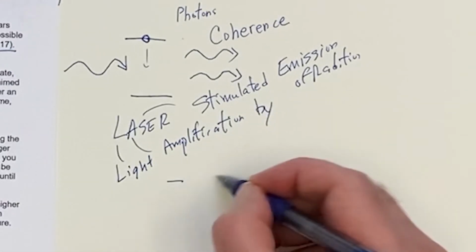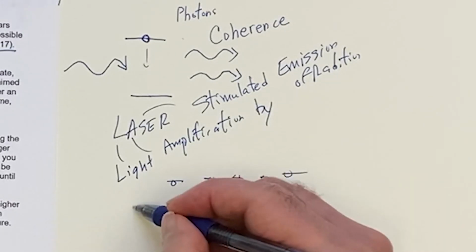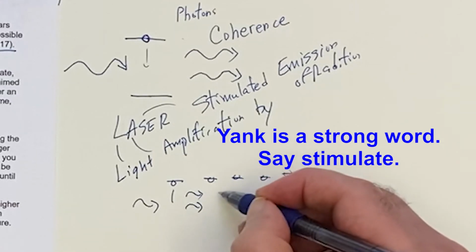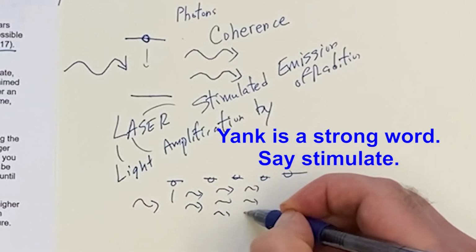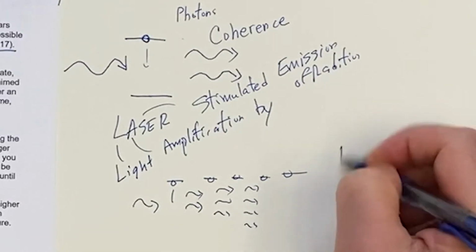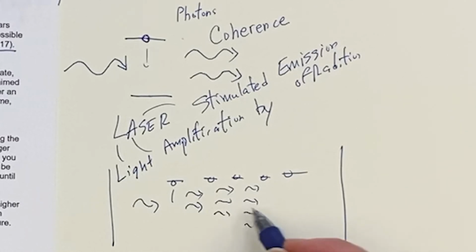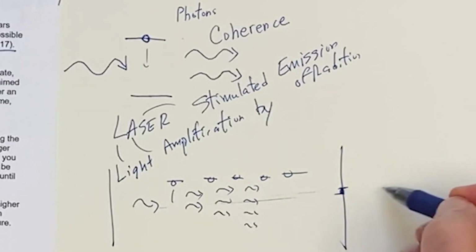You can just think of all these electrons up here, and then as the photon comes in, it yanks this one down. Now we have 2. Yank that one down. Now we have 3 in step. Then we have 4 in step. And then the mirrors are important, so let it go back and forth and get lots and lots. And then a little opening in the mirror, or perhaps a half silvered part there, lets some escape out of the system.